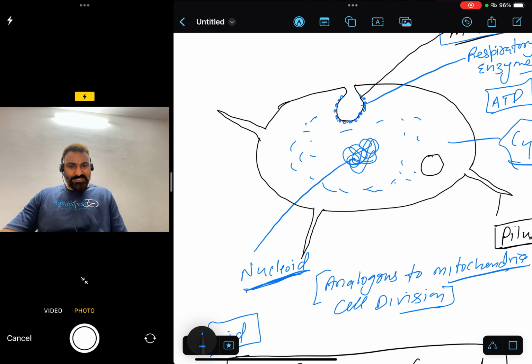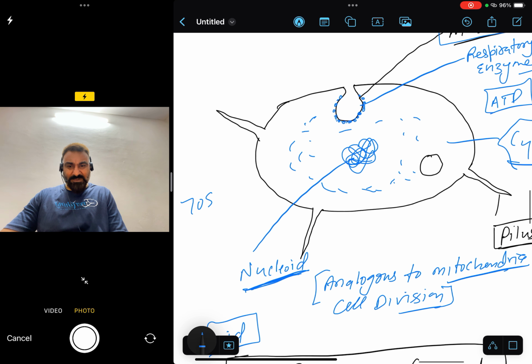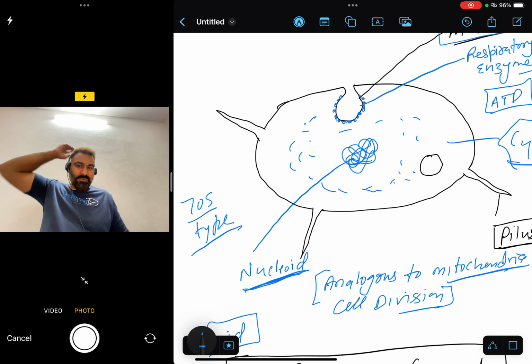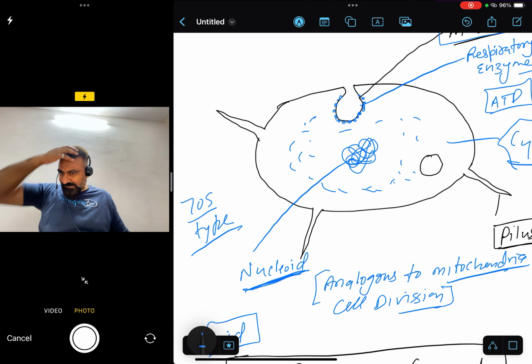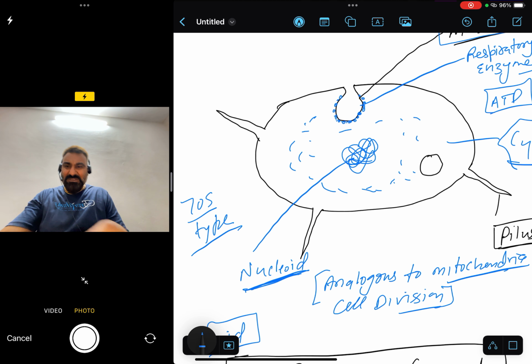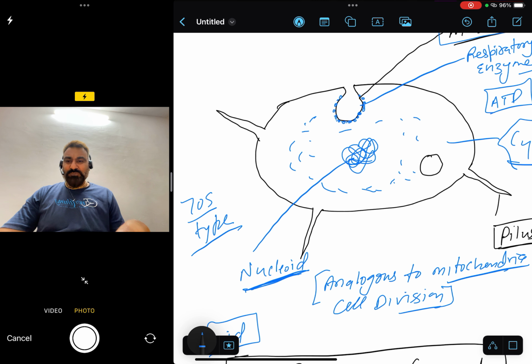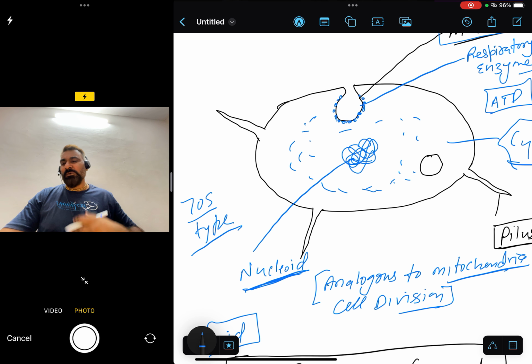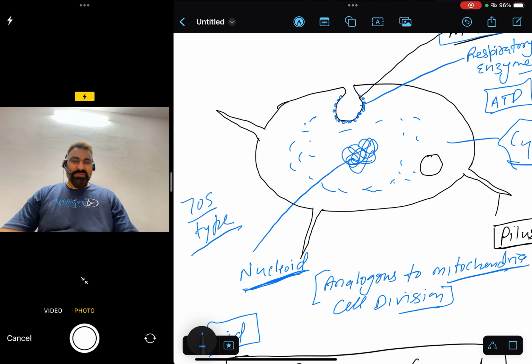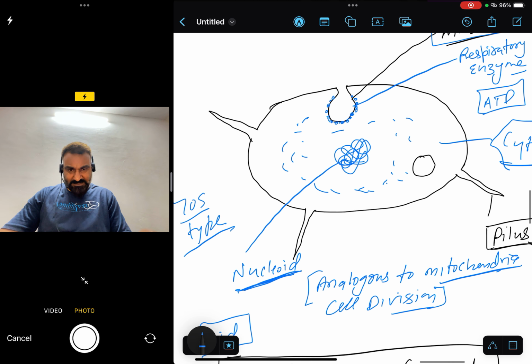Another structure is the 70S type of ribosome. It is important: the prokaryotic cell contains a 70S type of ribosome. Ribosomes are known as the protein factory of a cell, and they perform protein synthesis. That's why they are known as the protein factory of the cell. Sometimes in some bacteria you also see a structure like this.